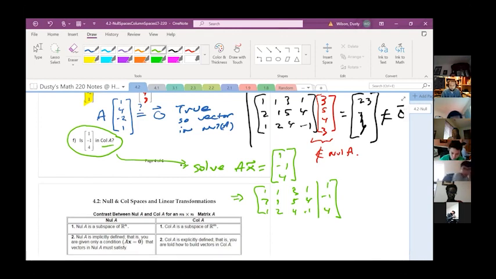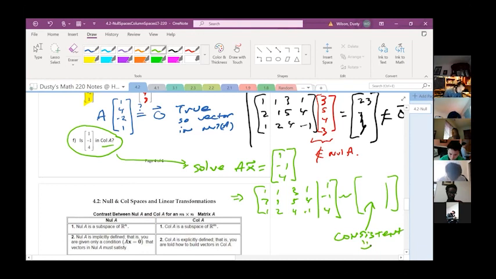Yeah, the question is, is it consistent? And so we row reduce here, and what matters is that you end up with it being consistent. I'm not going to write it down. Yeah, it ends up being consistent, that's what matters.